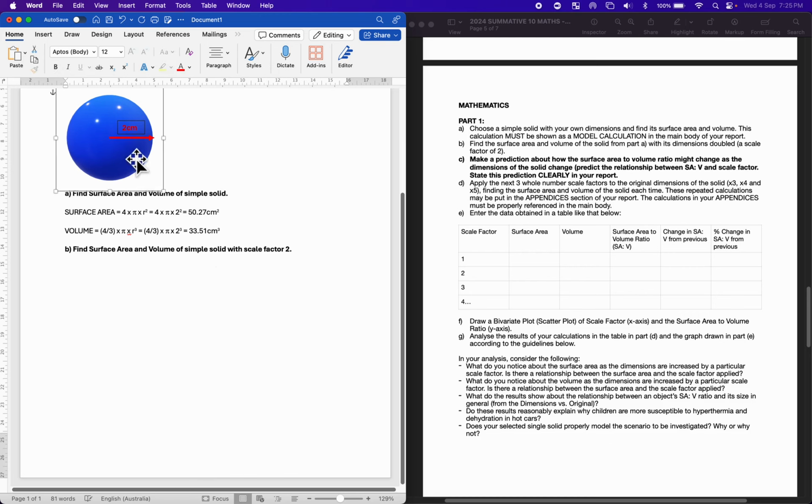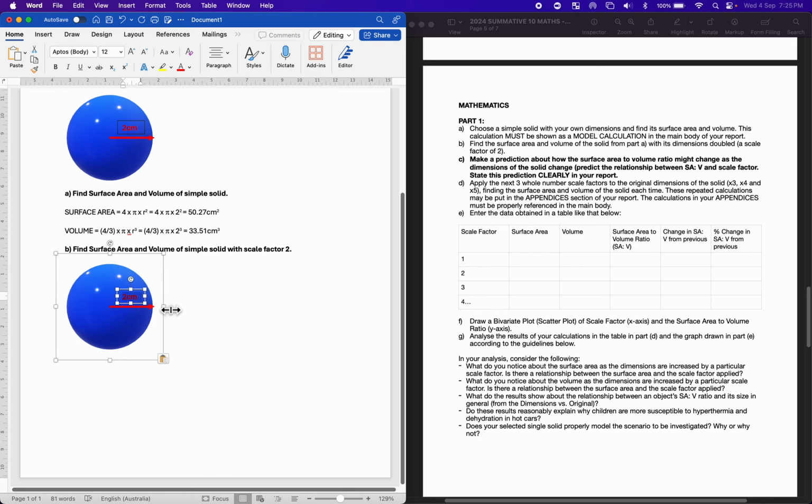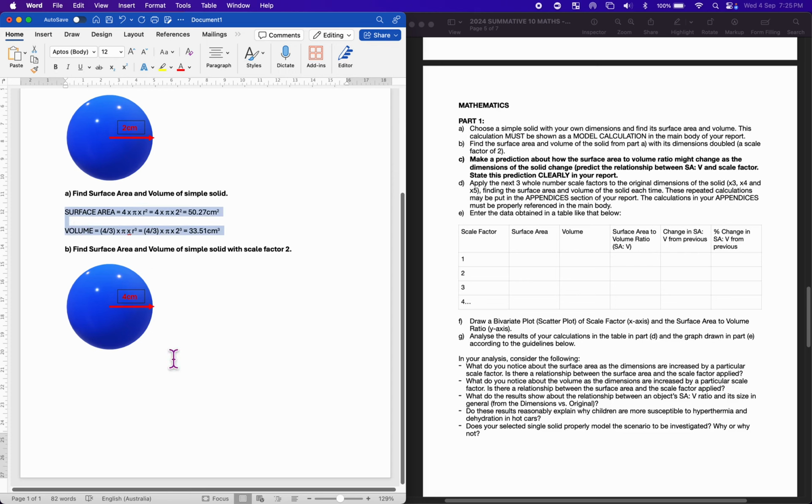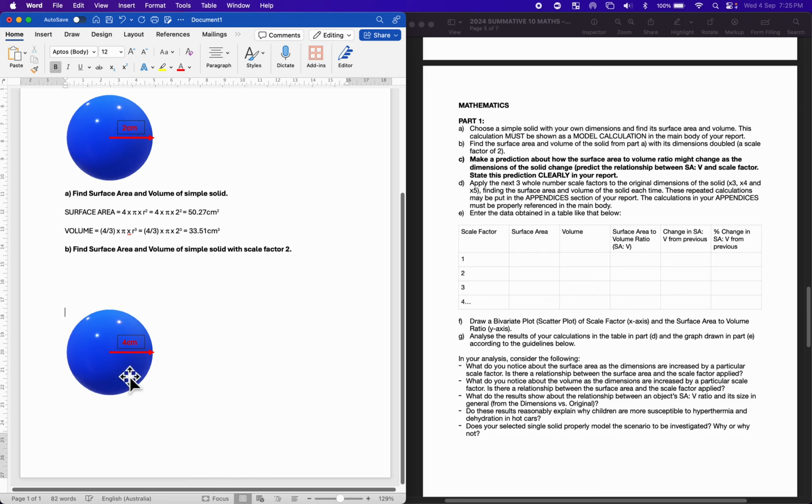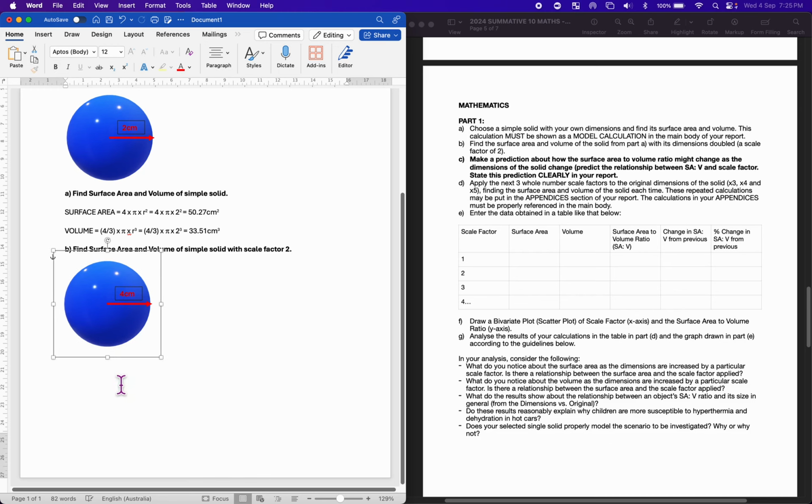So I'm going to copy this. I'm going to change that to 4 centimeters because I'm doubling the dimensions. I've already done these calculations here, so you might as well copy and paste it, but change the radius to 4 now.